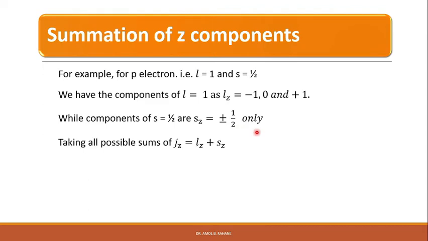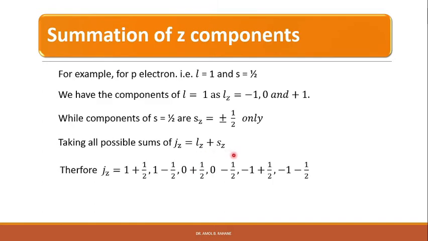Taking all possible sums, Jz is equal to Lz plus Sz, we get 6 values of the component Jz. So which are these values? We take all the possible sums: Jz is equal to 1 plus half, 1 minus half, then 0 plus half, 0 minus half, then minus 1 plus half, minus 1 minus half.